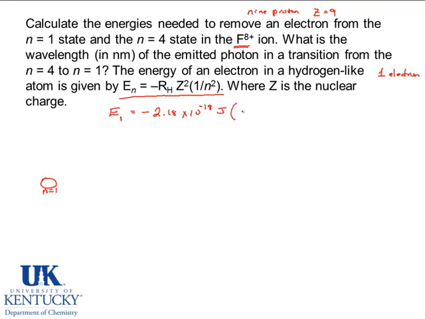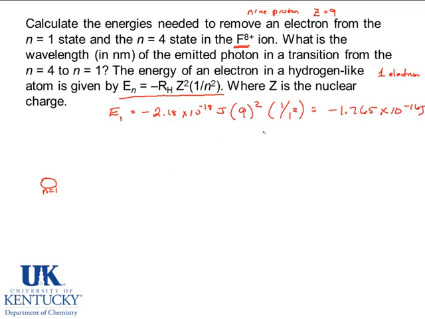Z is going to be 9 squared. And the electron is sitting in the first shell, so that's a 1, and that's squared. And when we multiply these values out, we are going to get the value of a negative 1.765 times 10 to the negative 16 joules.